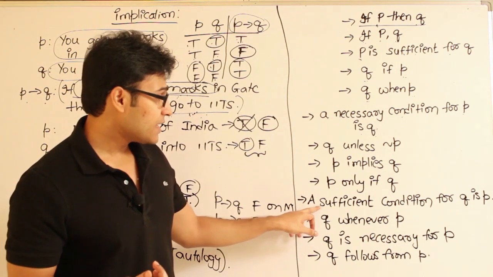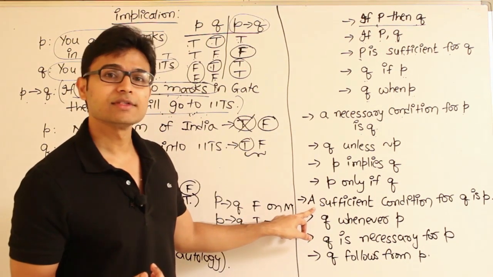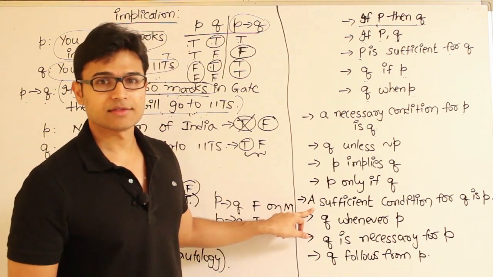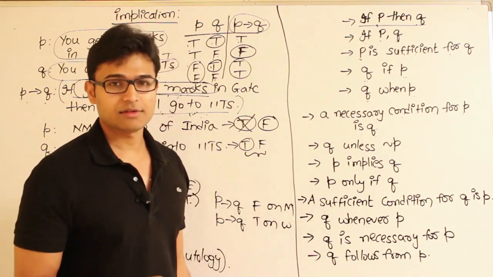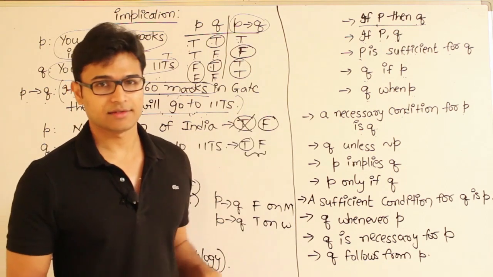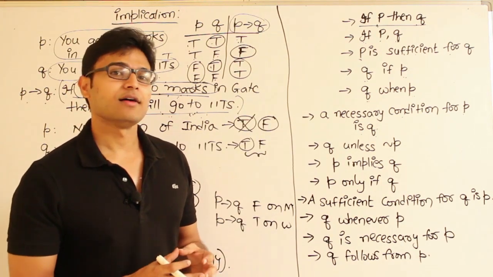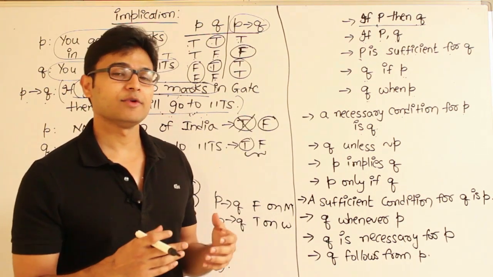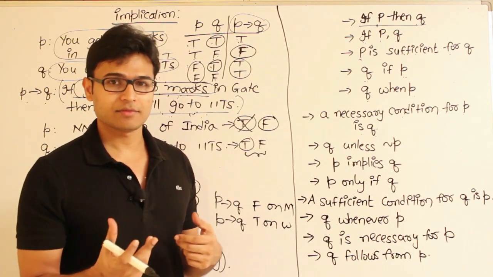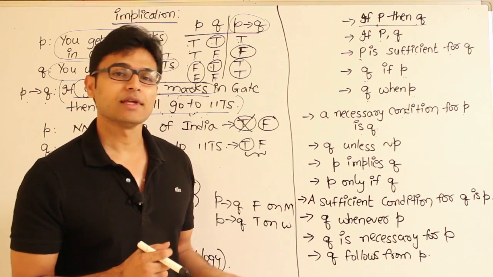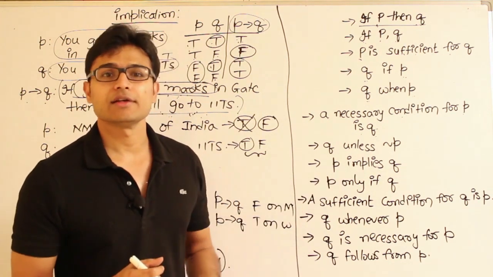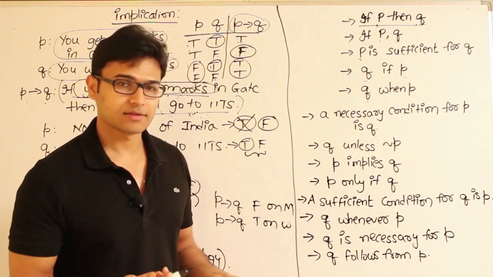A sufficient condition means this is one of the conditions. Therefore you will be able to get into IITs even because of some other factors. Let us say suddenly people have introduced some other exam through which they are also taking people into IITs. Then GATE will become one of the sufficient conditions, and there may be many conditions.